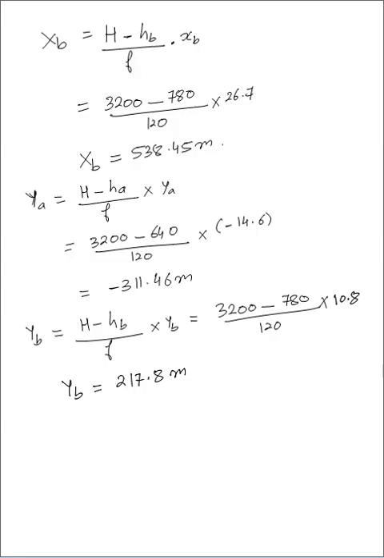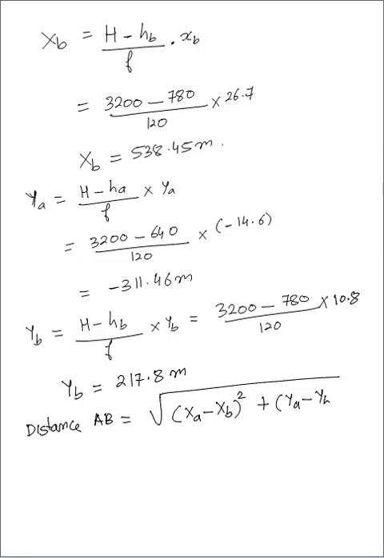Now it is very easy for us. We just have to find the distance AB. The horizontal distance AB we know from coordinate geometry. The formula is the square root of XA minus XB whole square plus YA minus YB whole square. You just have to substitute the values and you will get the answer.